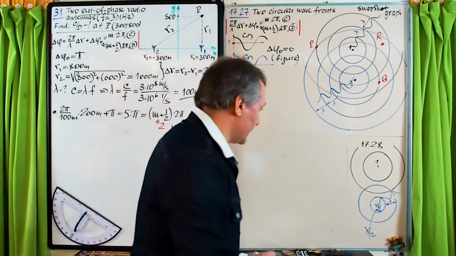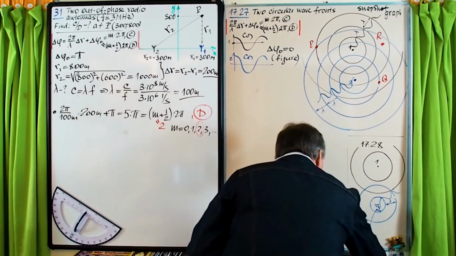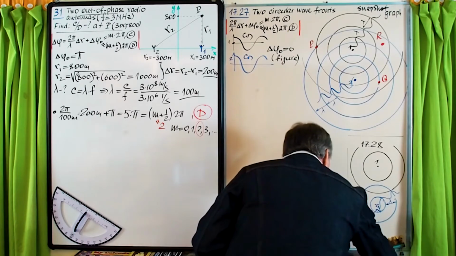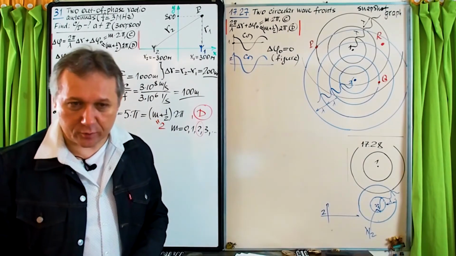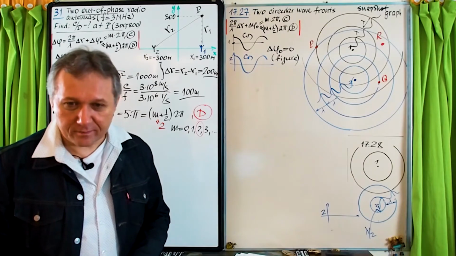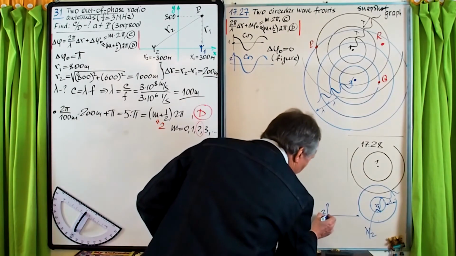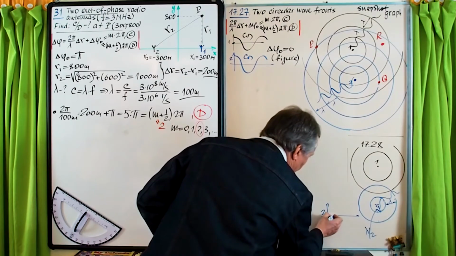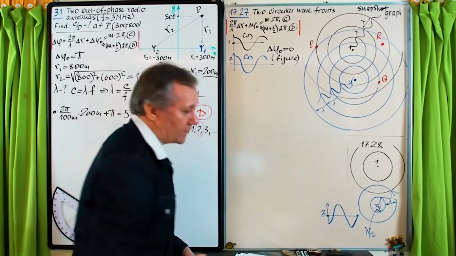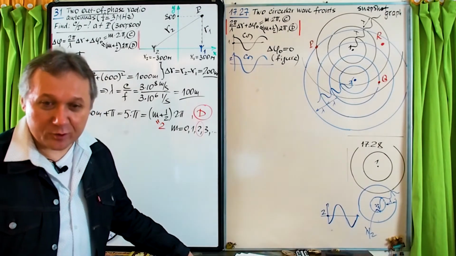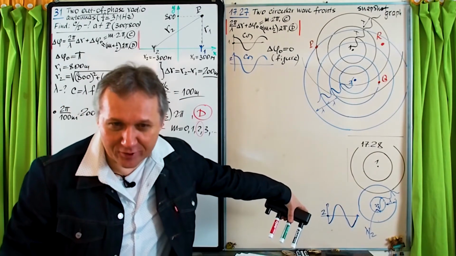So in this case, I can draw, for the second source, we have trough at the source, and then something like this, right? So you see we have minus cosine function.